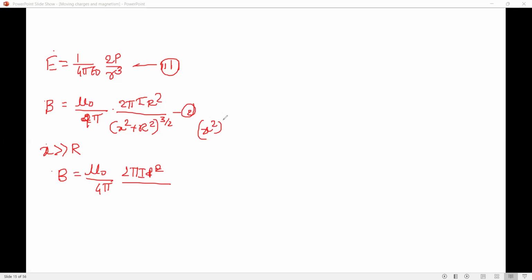We are left with x square to the power of 3 divided by 2, so the 2 cancels, and only x cube remains. Therefore the equation becomes x cube. This is our equation 3.